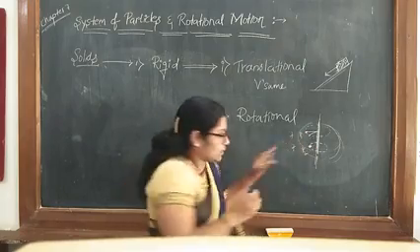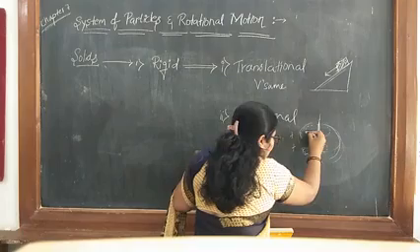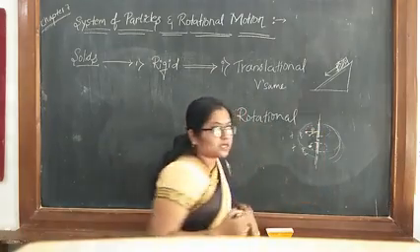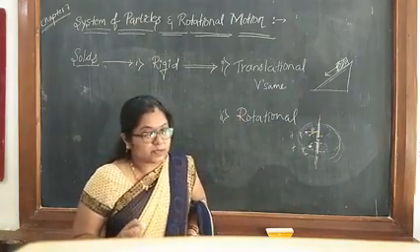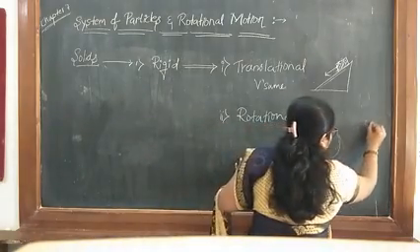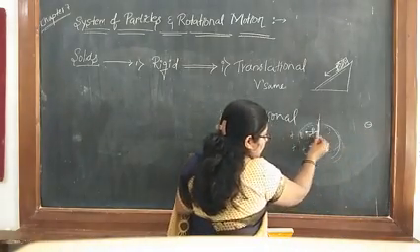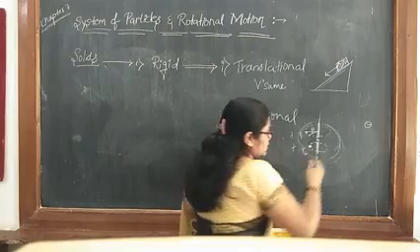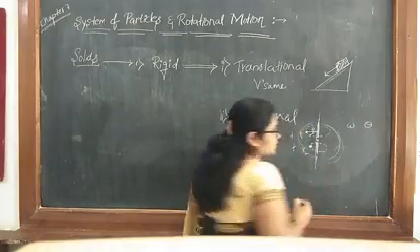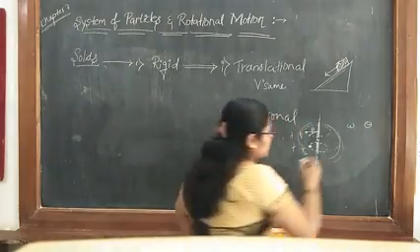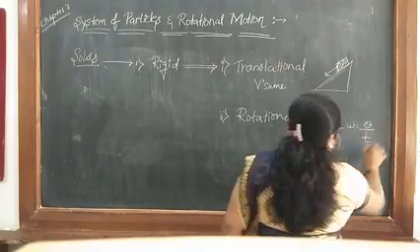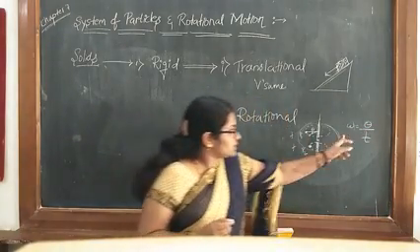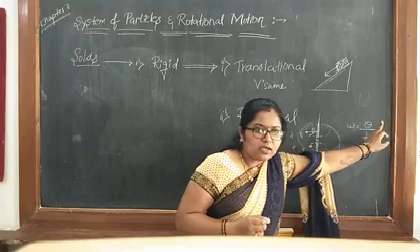That is angular displacement. Here it is making an angle theta. That theta is the angular displacement, and this particle is showing some angular velocity, that is omega. What is the relation between omega and theta? Omega is equal to theta divided by t.